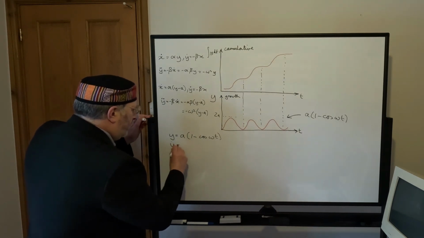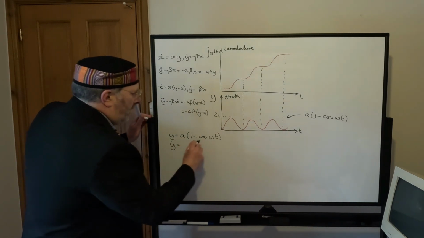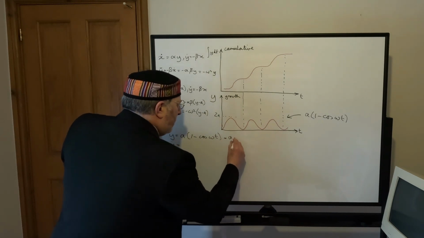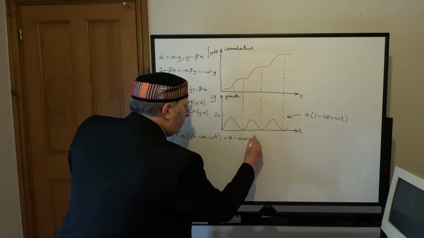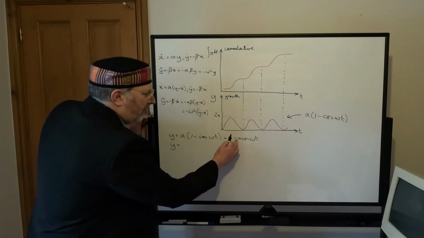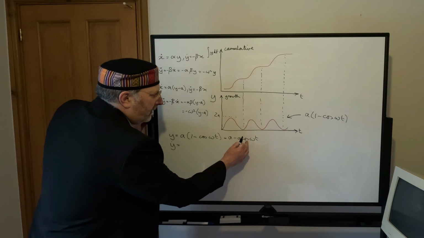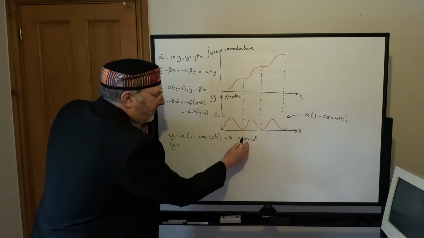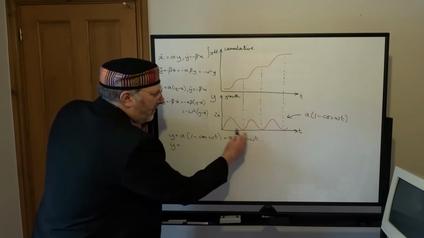Y dot equals, well, let's just write that out. That's a minus a cosine omega t. So y dot, the constant disappears, and we're going to have minus a times the derivative of cosine omega t. Well, the omega comes out and cosine goes to minus sine.